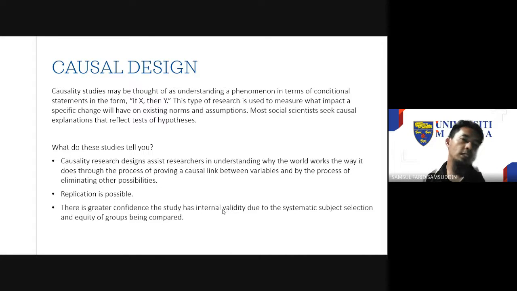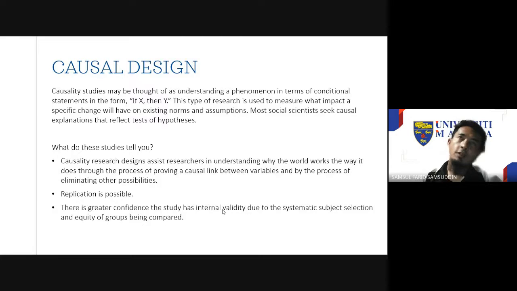And what do these studies tell you? Causality research design assists researchers in understanding why the world works the way it does through the process of proving a causal link between variables and by the process of eliminating other possibilities. And replication is possible.